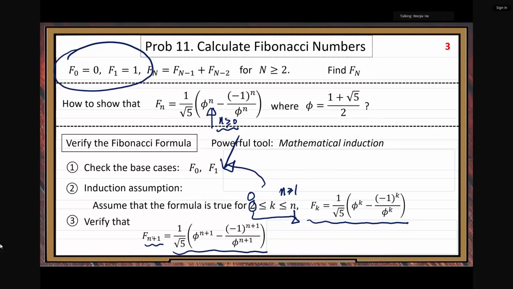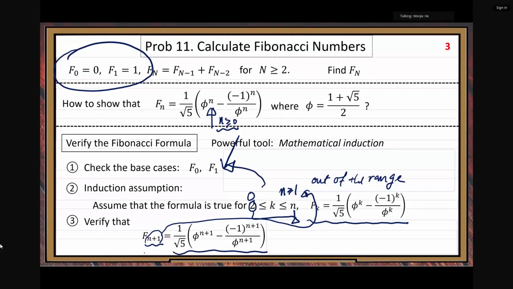Because we know n plus 1 is out of the range. It's not in the range, outside that range. That means we expand the range.